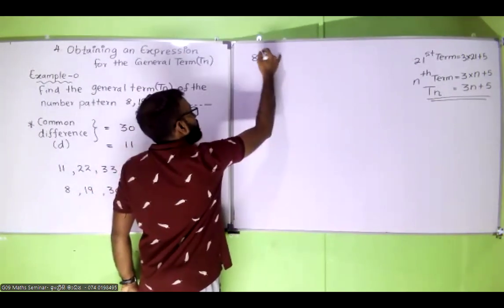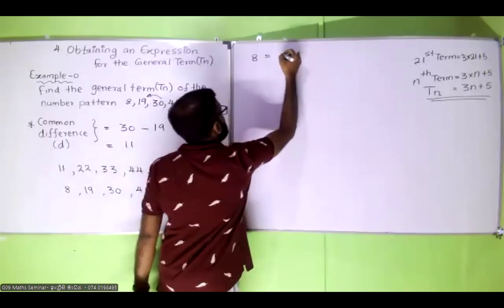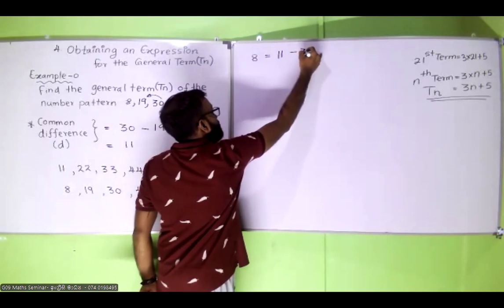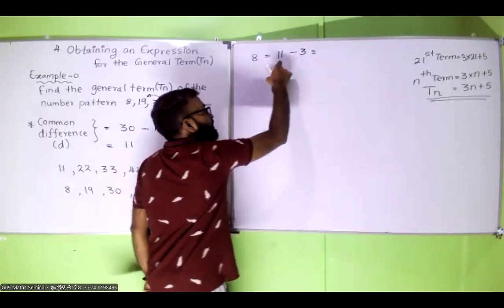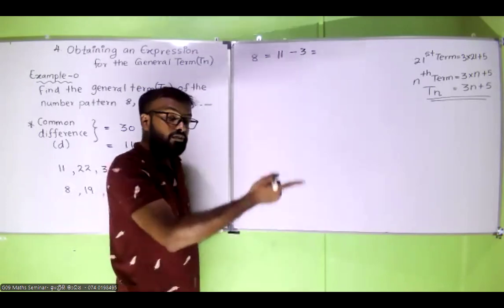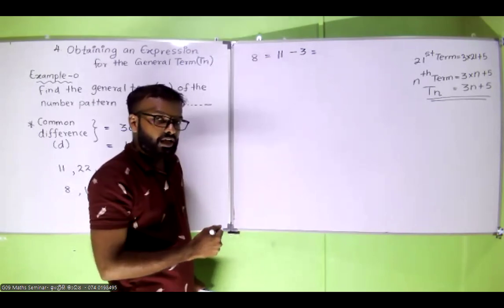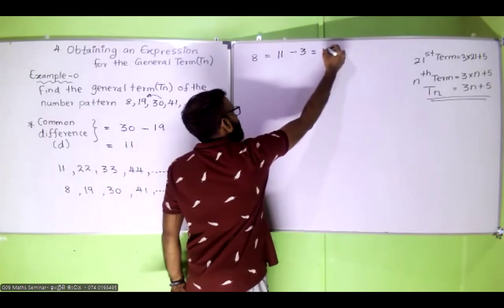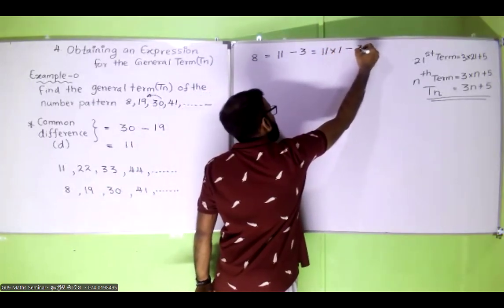You are going to obtain this 8 by using your multiples of 11, which is 11 minus 3. So how are we going to write this 11 in a different way? 11 times 1. Yes, 11 times 1 minus 3.